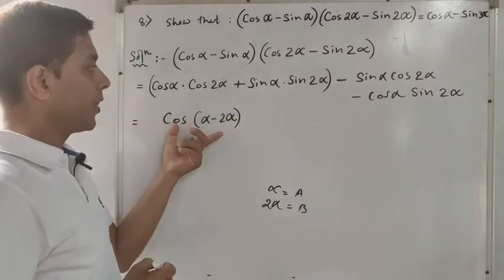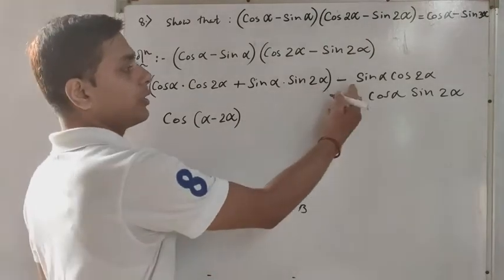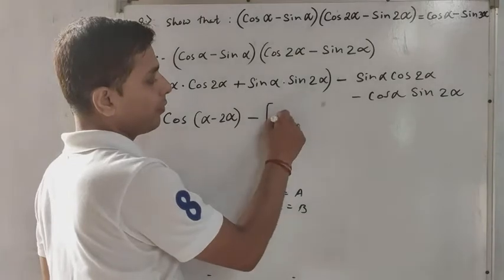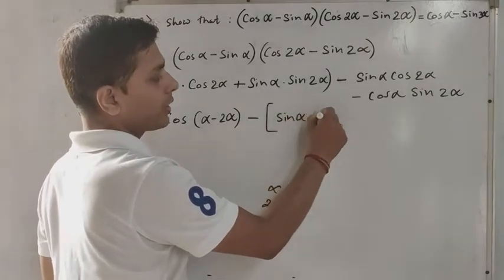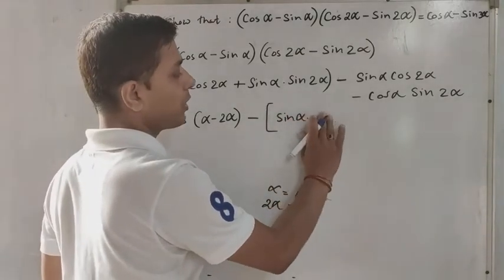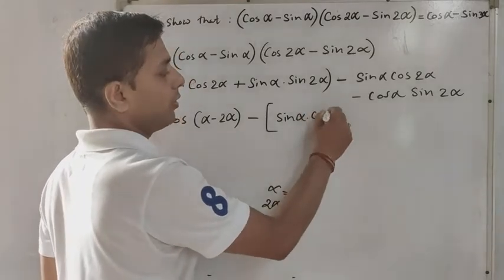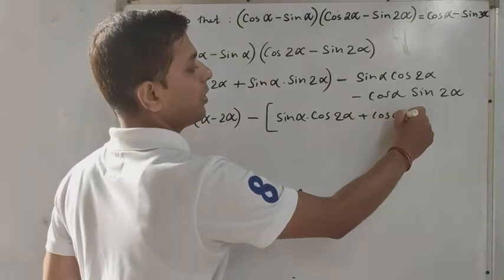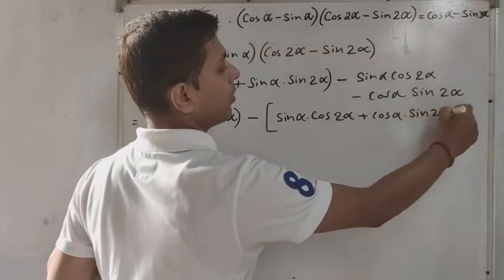Is that okay? Then similar way, take minus common here, and once you do so, then it will become sine alpha into cos twice alpha, then plus cos alpha into sine twice alpha.